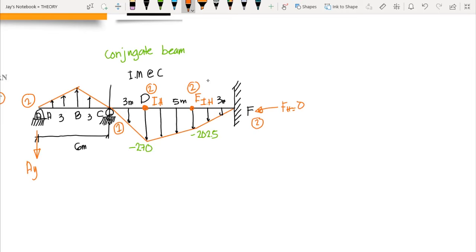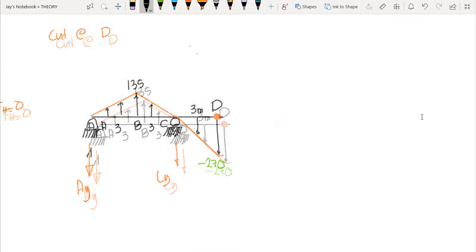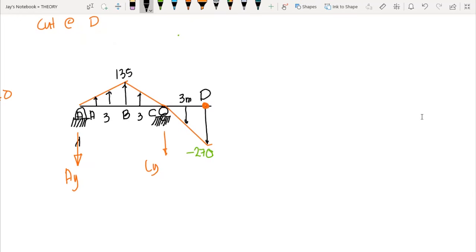We have AY, and we also have the reaction at CY, and then we apply simultaneous equations. So we cut at internal hinge D, so we would have this one. At point D, since this is an internal hinge, let's say we have vertical force DY and horizontal force DX.